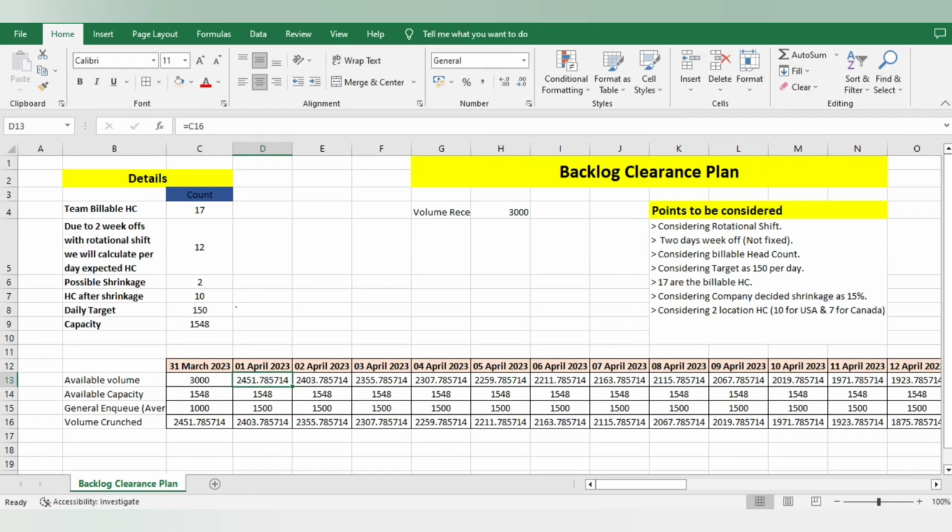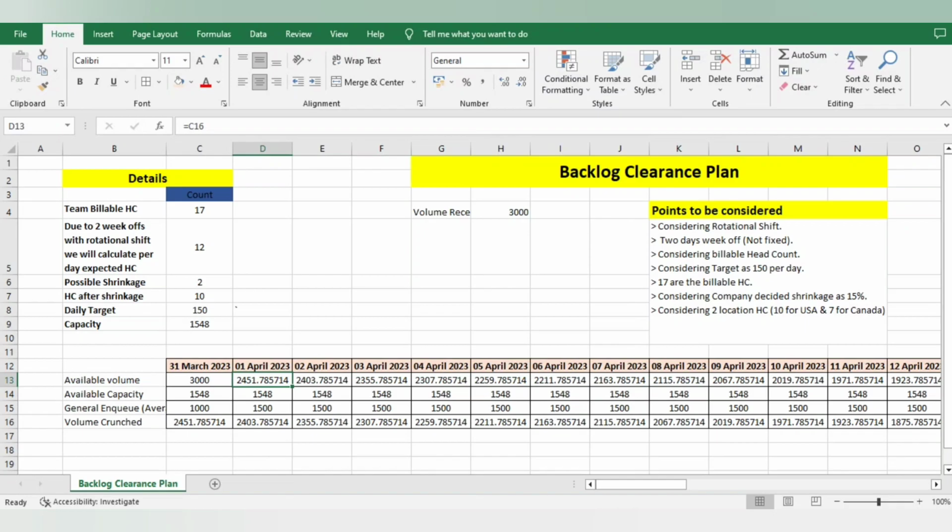There will be certain queue wherein every day a volume will get updated on the basis of your capacity, or maybe on the basis of the SLA. It totally depends on location to location, or maybe queue to queue. So it is just how our employees are crunching the volume while maintaining their AHT and the SLA.